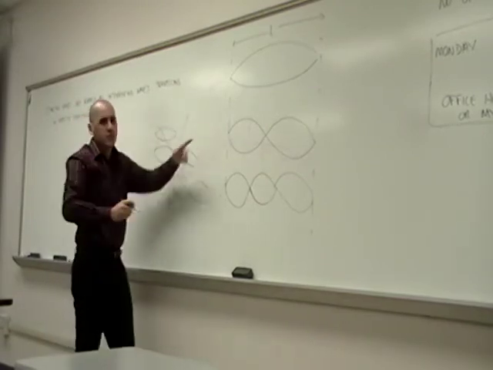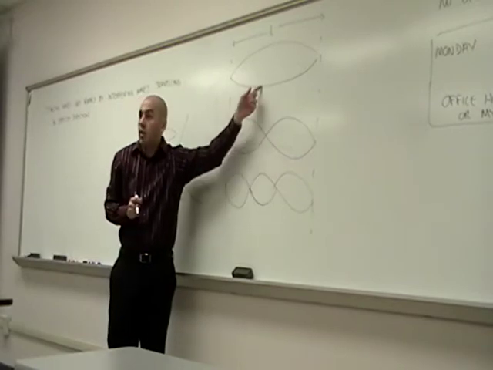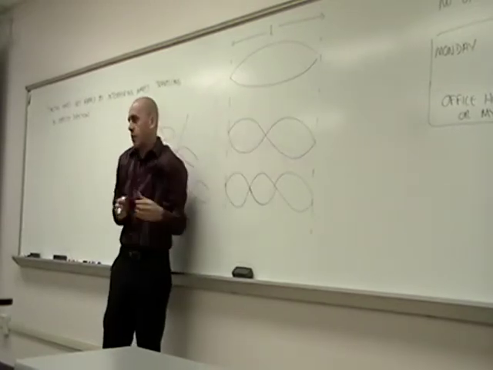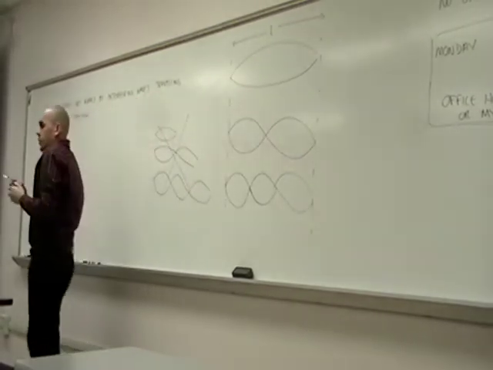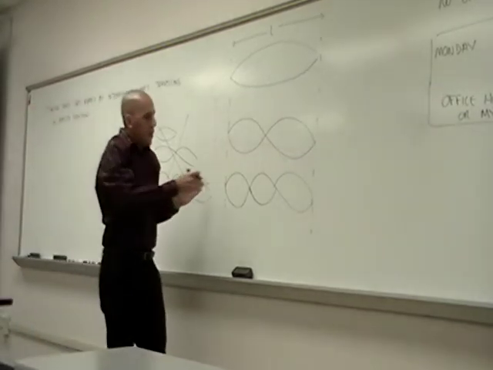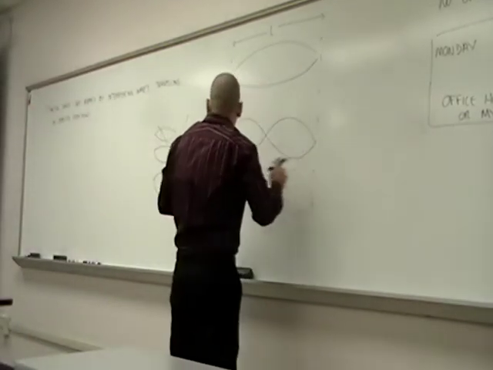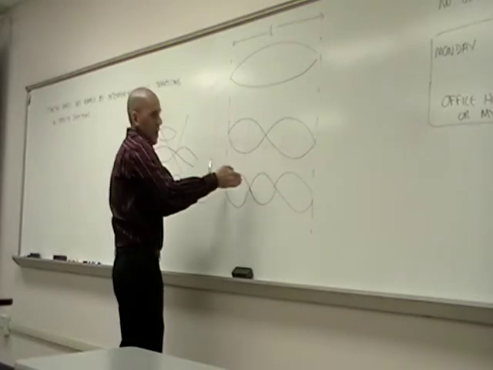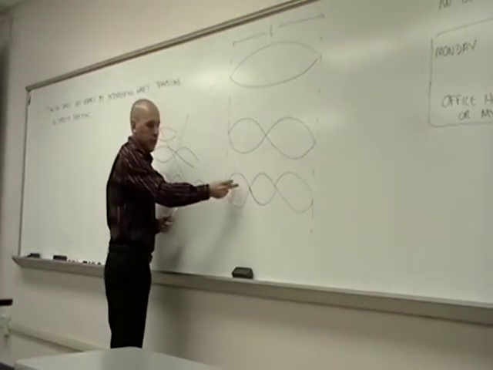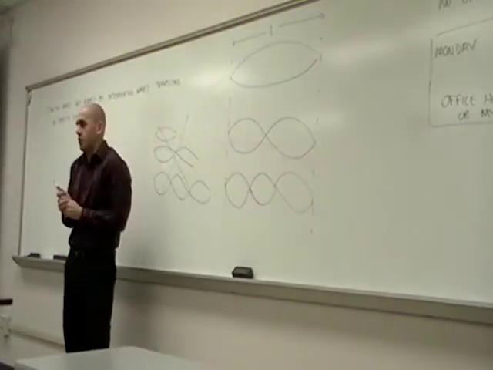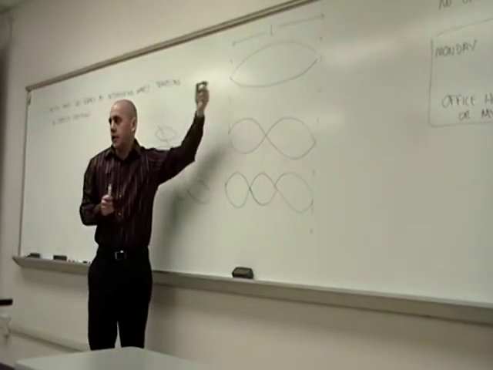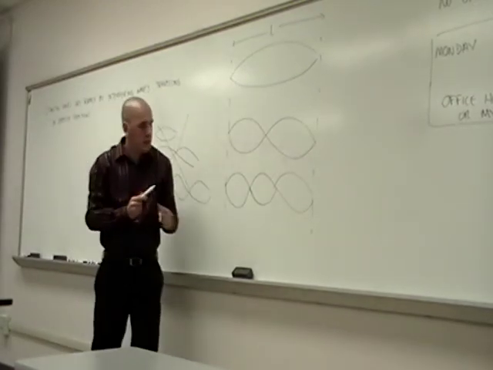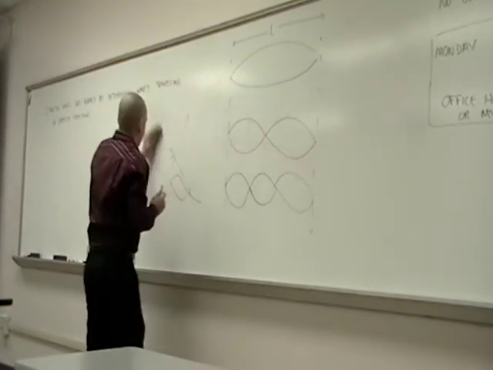This is the same string, and these are the different, what we call harmonics, the different standing wave patterns for that string or that wire. So don't make them progressively longer or wider and wider as you go on. You're squeezing these down into smaller and smaller little loops while you are changing the frequency of oscillation of that rope or wire or whatever it is.